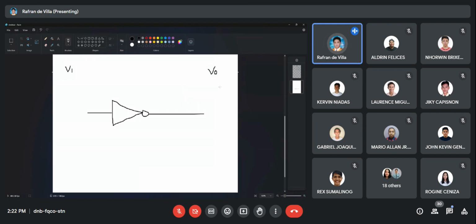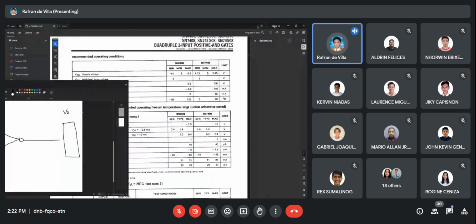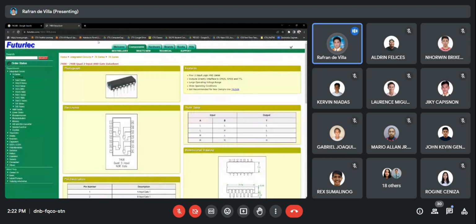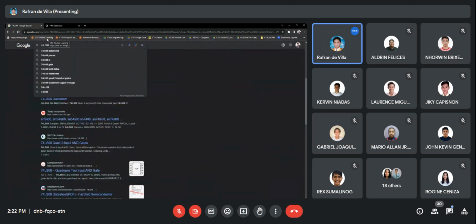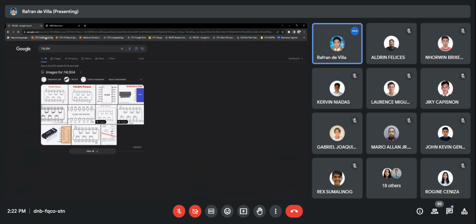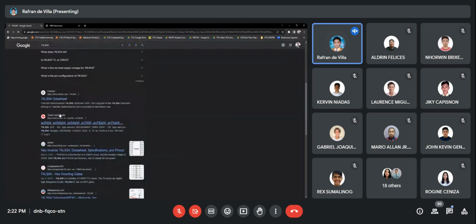Okay? So obviously, when you say voltage output, we see it on the output side of the logic gate. Voltage input, we see on the input side of the logic gate. So, let's try to search for 7404 so the data is nearby. Texas Instruments.